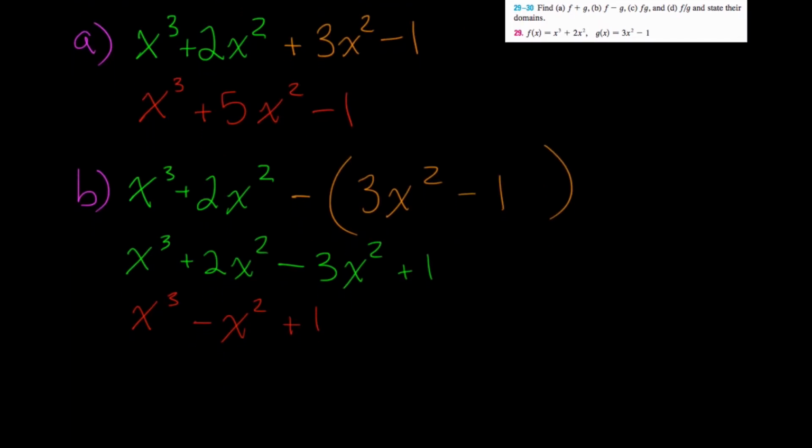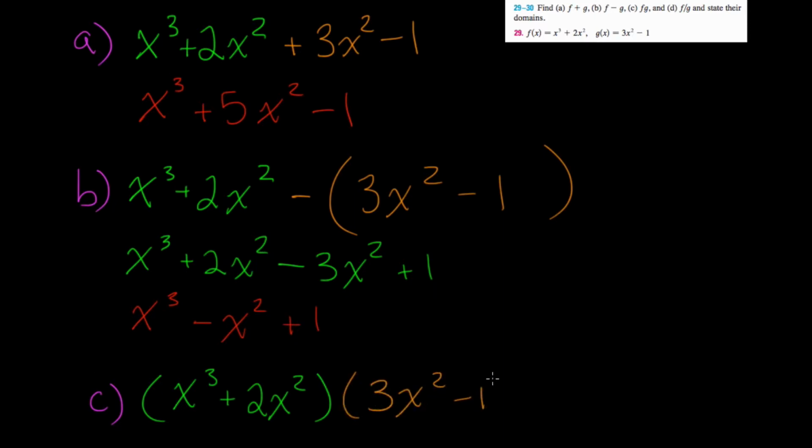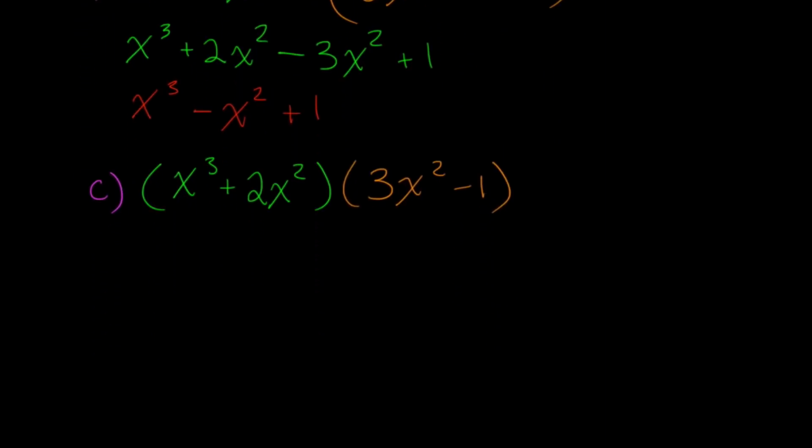Fg, that would be f times g. So here we have f times g, and we'll do it in quantities: x cubed plus 2x squared, that's f, times the quantity g, which is 3x squared minus 1. We're going to FOIL, so I just say, distribute each term.